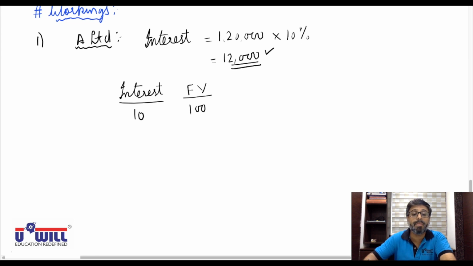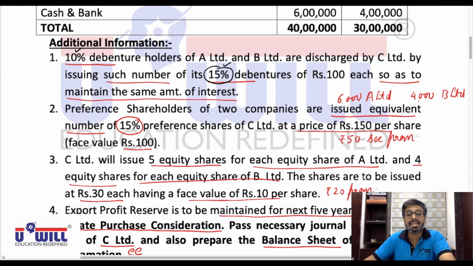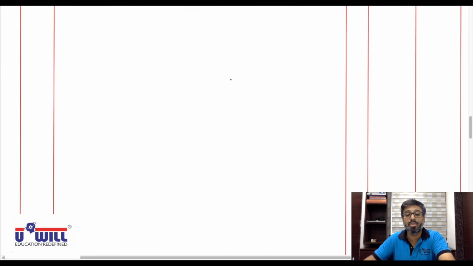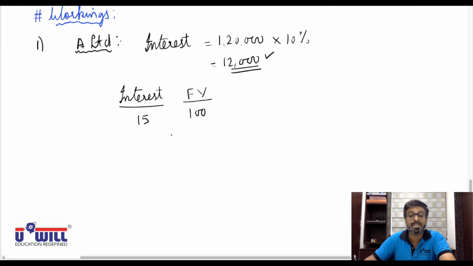Now in the new company, instead of 10%, you are going to get 15% interest, the 15% debentures of C Limited. So in the new company, if they are earning 15 rupees of interest, their face value is 100.